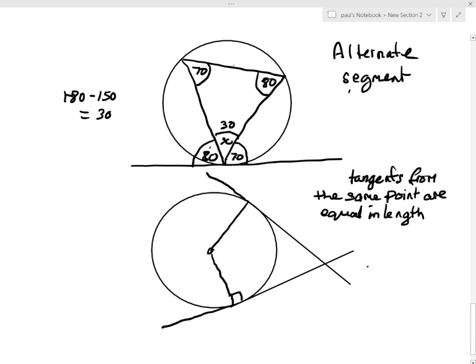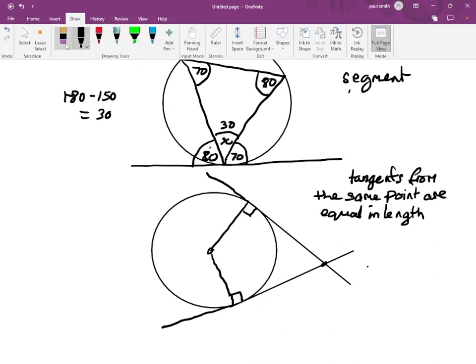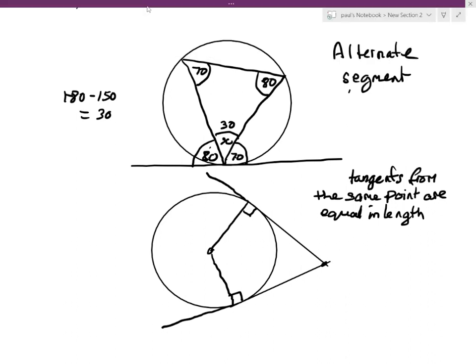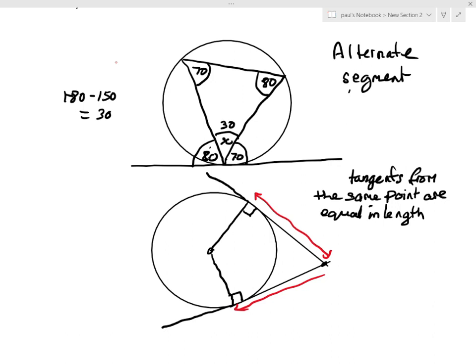So we know that a tangent to the radius causes a 90-degree angle, and these are originating from the same point, so that means that from here to here and here to here, they are the same length. Okay, that is your lesson on circle geometry.